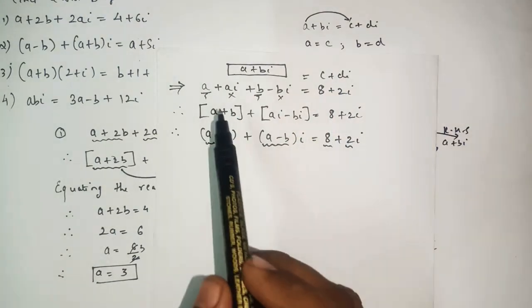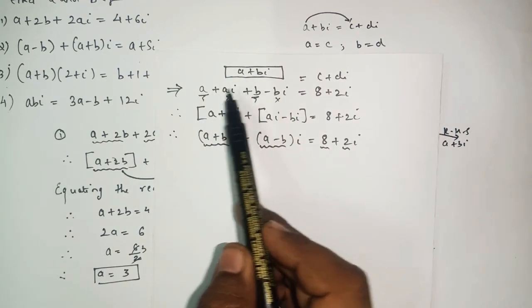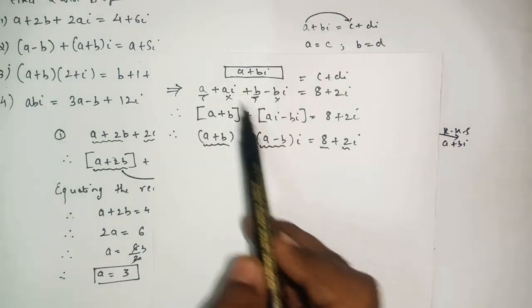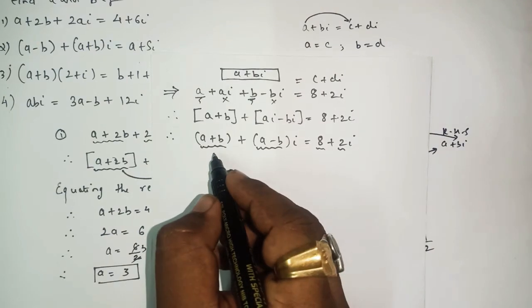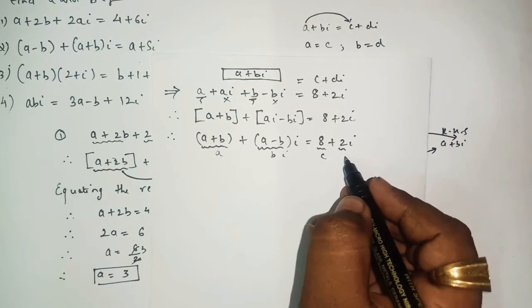As here we saw there were 4 terms, 2 terms without i and 2 terms with i. So make a pair, the term without i and the term with i. As here i is common, clearly we can see that this looks like a plus bi and this looks like c plus di.